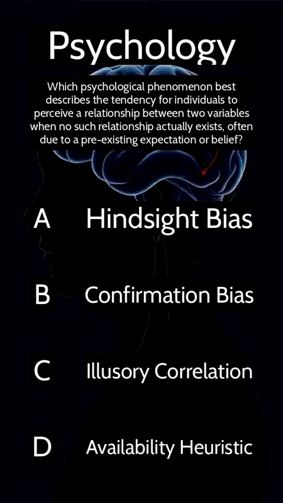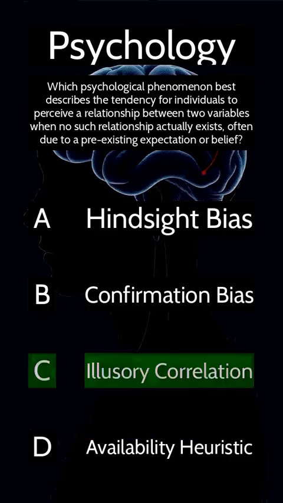Which psychological phenomenon best describes the tendency for individuals to perceive a relationship between two variables when no such relationship actually exists, often due to a pre-existing expectation or belief? Answer C. Illusory correlation.